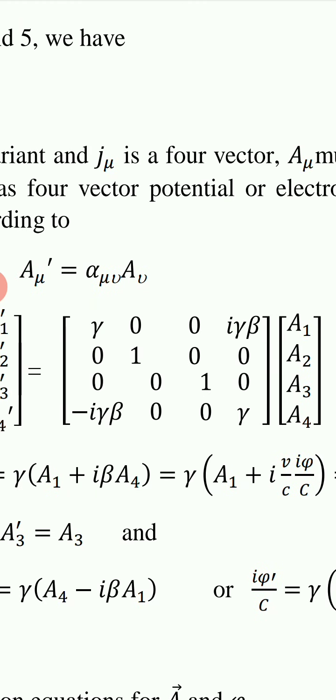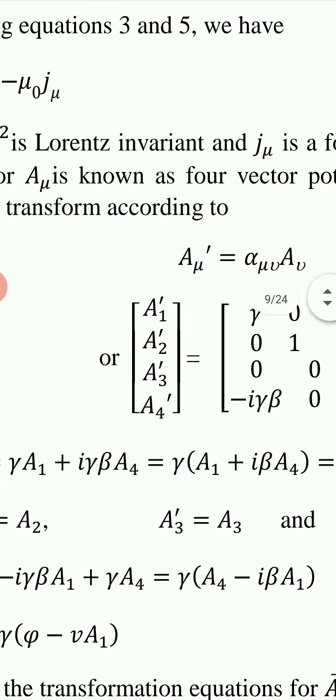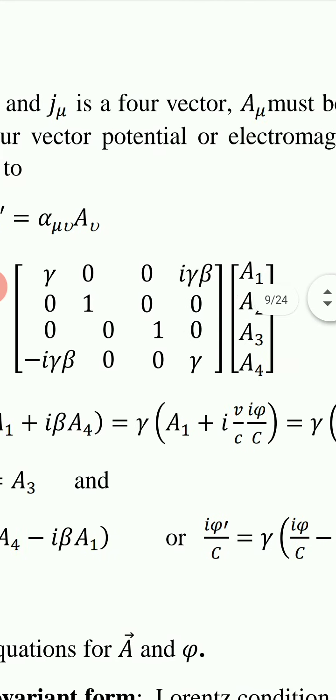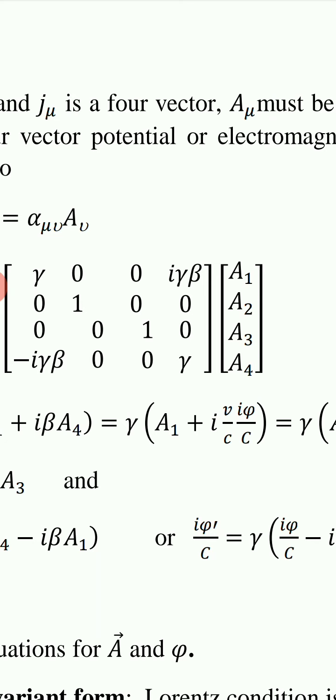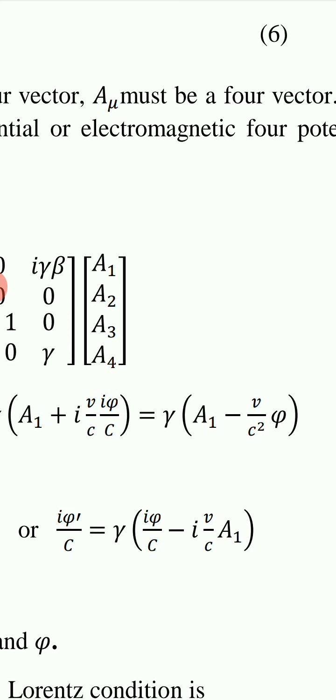Substituting the values of beta and A4, beta is equal to V upon C and A4, fourth component of this 4 vector potential, is I phi upon C, we have A1 dash equal to gamma A1 plus I V upon C times I phi upon C, which becomes equal to gamma into A1 minus V upon C square phi.